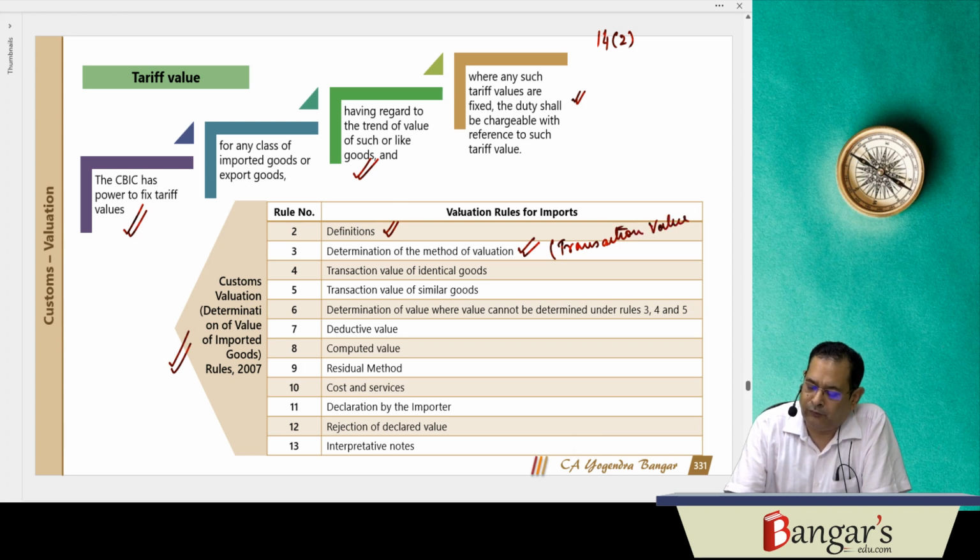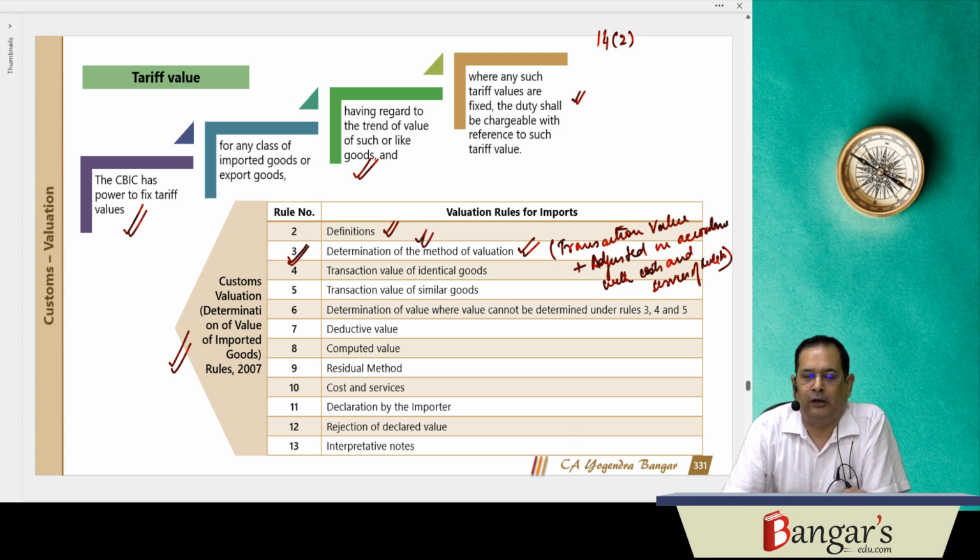And this transaction value is to be adjusted in accordance with the costs and services of Rule 10. So the most important rule is Rule 3, when the conditions of 3.2 are satisfied, and the same is adjusted in accordance with costs and services of Rule 10.